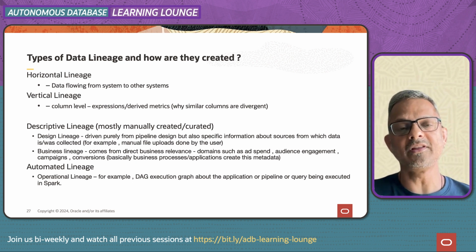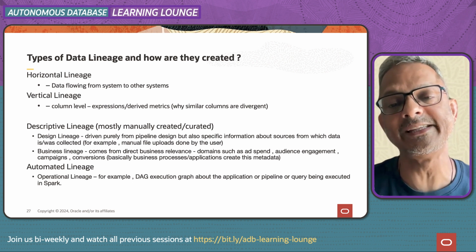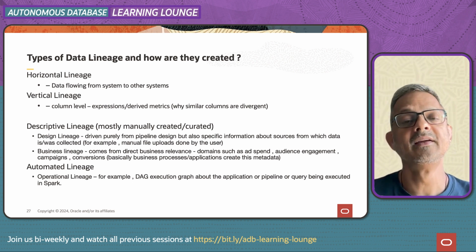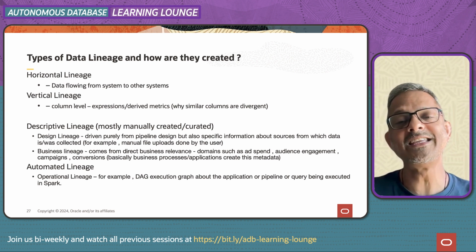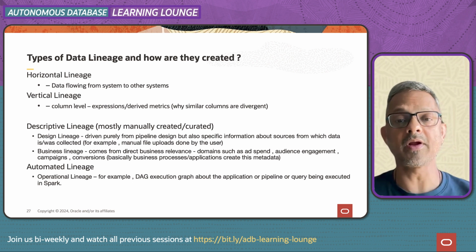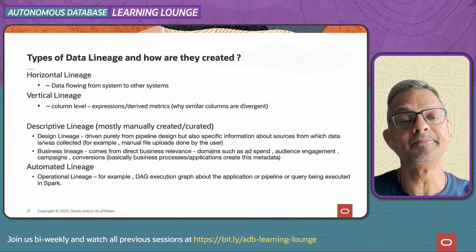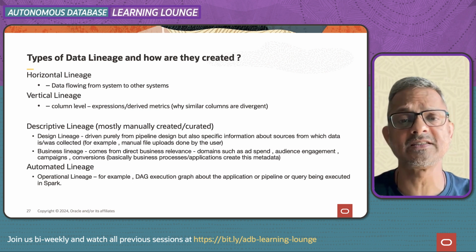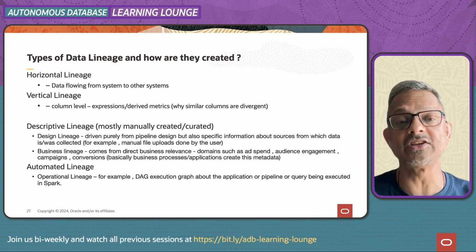And also, not all lineage metadata is equal, right? Here I just want to separate out two interesting aspects of lineage data. One is the descriptive lineage. These are things that are defined in an enterprise as part of working with data, such as pipeline definitions. That is a source for lineage, and that I would call descriptive lineage, right?